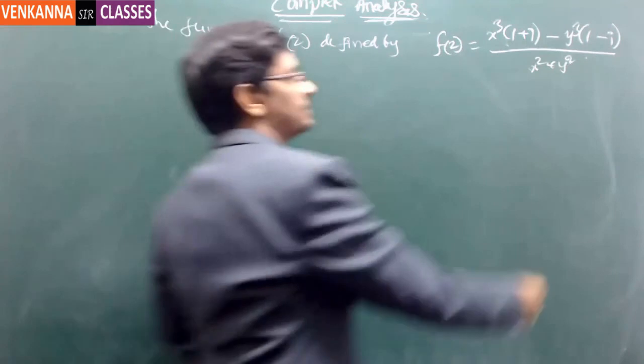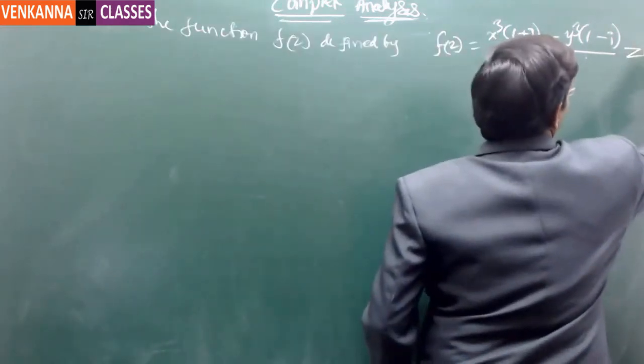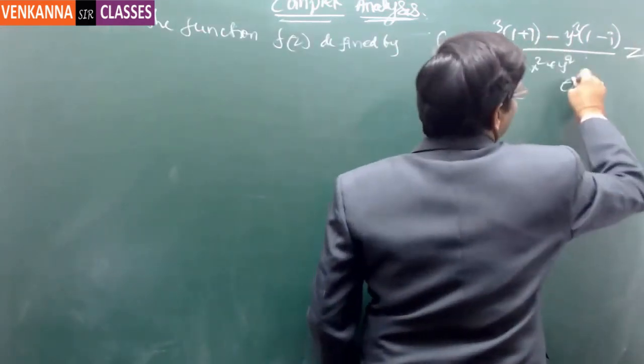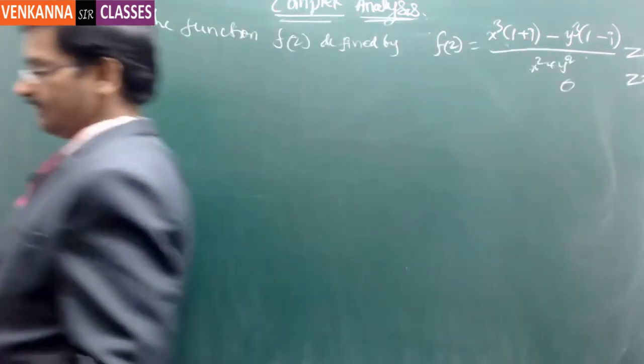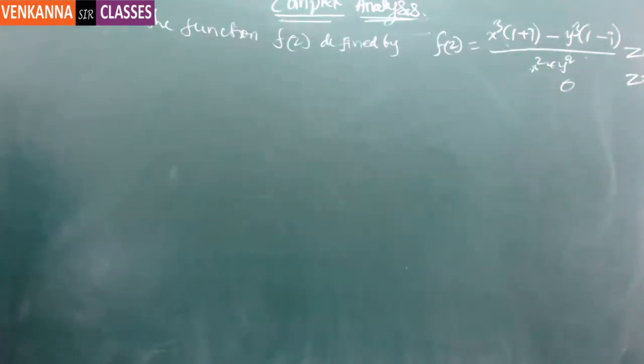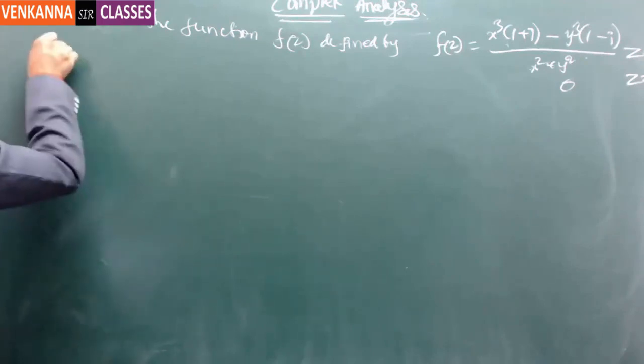So this function is defined if z is not equal to 0, and this value is equal to 0 if z is equal to 0. This is the function, it was defined. Is it continuous and are the Cauchy-Riemann equations satisfied?